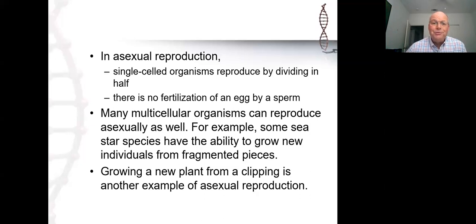You may have heard that you can cut up a sea star into fragments. So long as each fragment has a piece of the central disc, all the missing pieces can be replaced. And in fact, there's an interesting side story there. In California, the abalone fishermen used to hate the sea stars because they figured that the sea stars were eating the abalones. They were in competition with them.